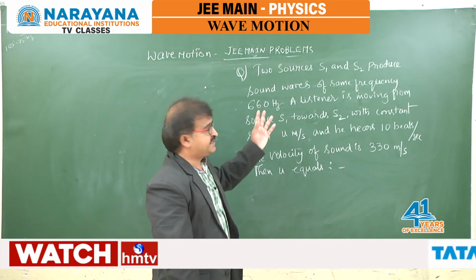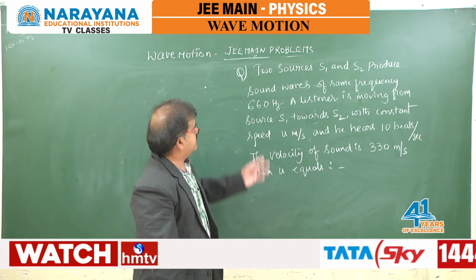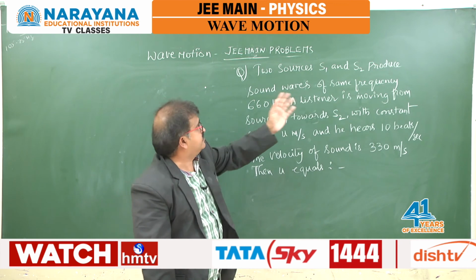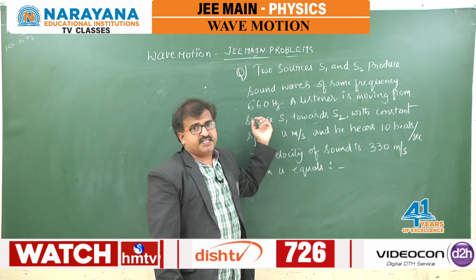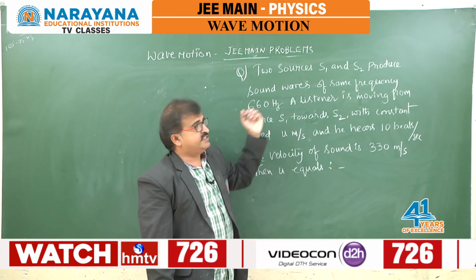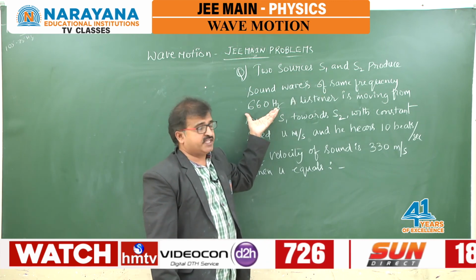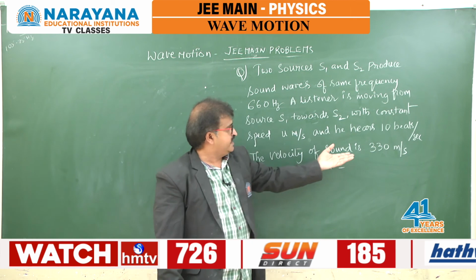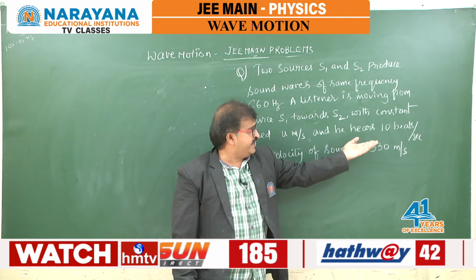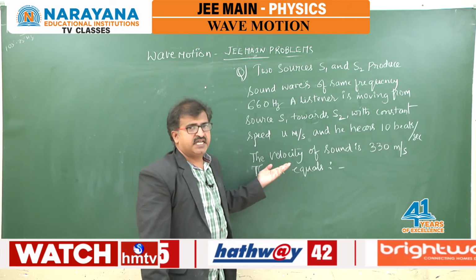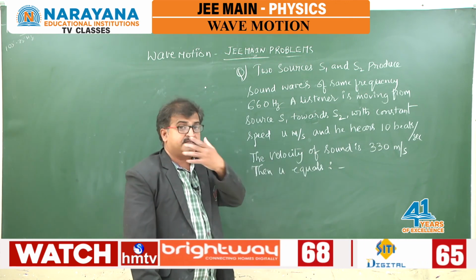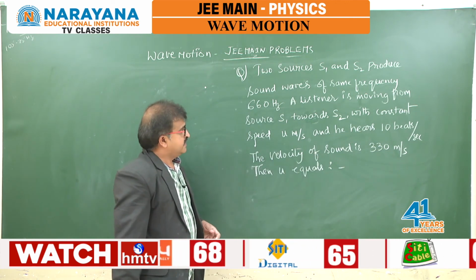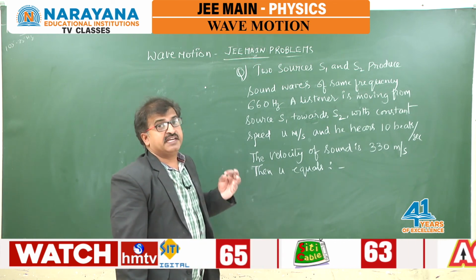So based on beats and the Doppler effect, suppose we come across two sources S1 and S2 producing sound waves. A listener is moving from S1 to S2 and these two sources produce sound at frequency 660 Hz. So the listener is hearing 10 beats per second. If the velocity of sound is 330 meters per second, what will be the velocity of the listener?